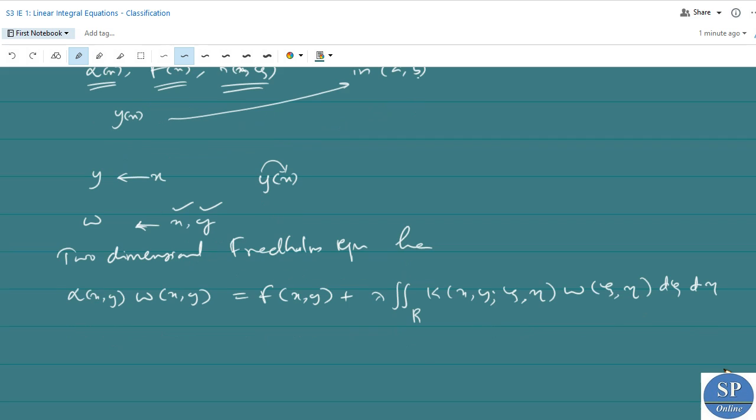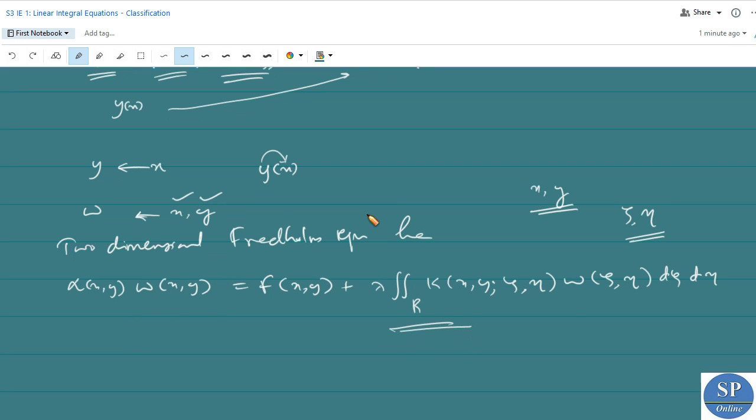So this is the form of the two-dimensional Fredholm equation with current variables x and y, and the auxiliary variables are zeta and eta. Here the unknown function is w, which depends on the current variables x and y. Clear? So this is the two-dimensional Fredholm integral equation.